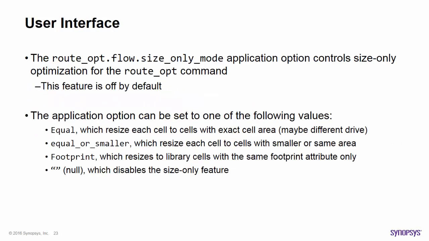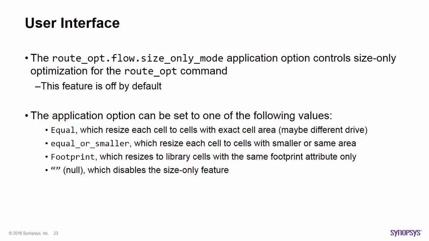User interface: to support this feature, the new option size_only_mode has been added for this release. This app option is off by default and controls how the size only optimization functions. If this variable is set to equal, then cells with better drive strength but with the same size are used.